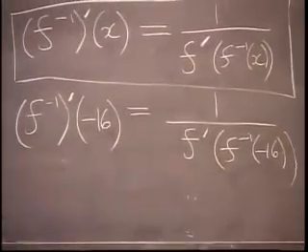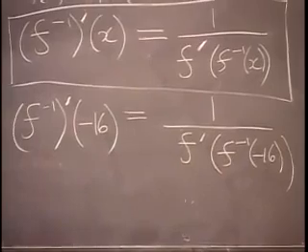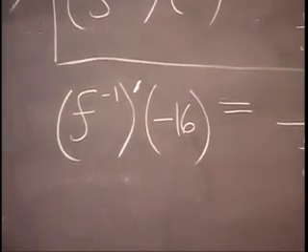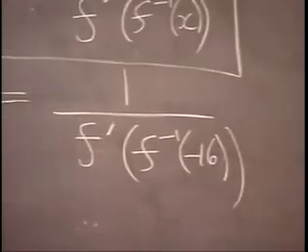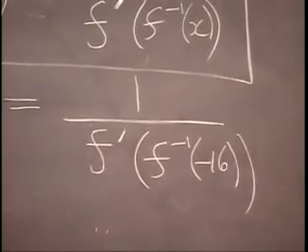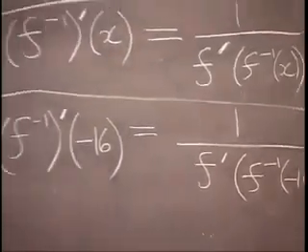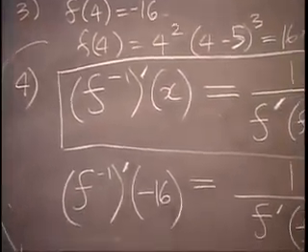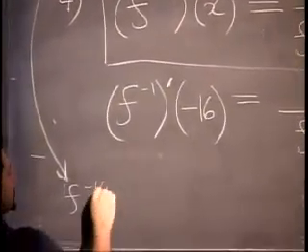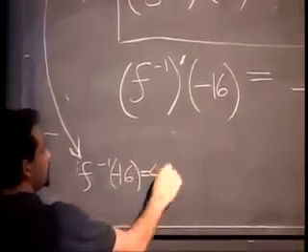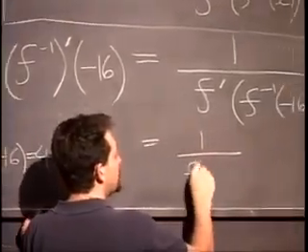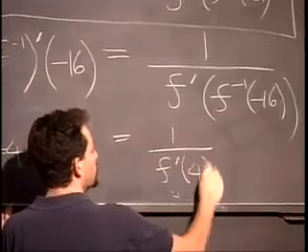The question is, what is f inverse of minus 16? Well, where's minus 16 floating around? You see it? Yeah. From the third part, if f of 4 is minus 16, then f inverse of minus 16 is 4. So this, of course, is 1 over f prime of 4.